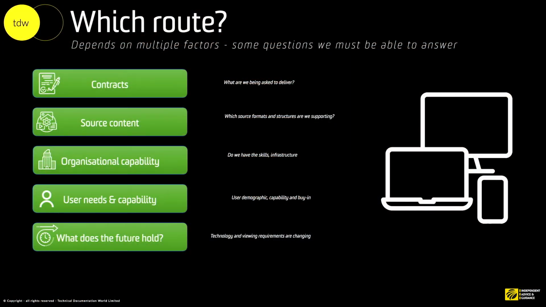We should have the same attitude with our technical publications. We should say, in 5 years' time, we're going to decide whether S1000D is still doing a job for us, or is there now a new alternative? Should we be looking at some more modern ways of deploying our information, as well as technological advancements? So we're going to talk about that in a slide or two.